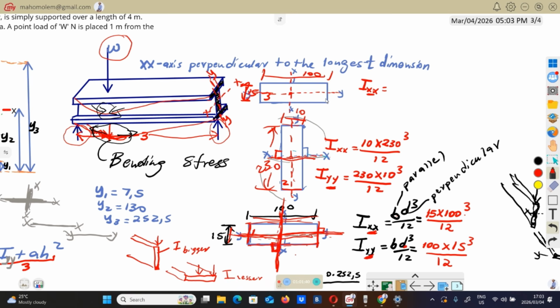So parallel to XX, this is XX. Parallel to it is this side, which is 15, multiplied by perpendicular to XX. Yes, XX perpendicular to it is 100. We raise it to the power 3 over 12. That will be IXX. You will press the calculator there, or you can leave them like that.